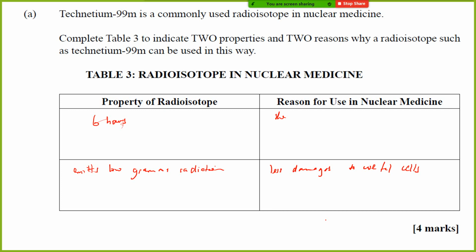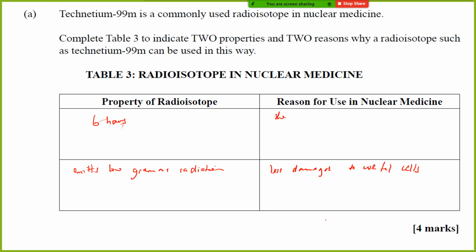What I was thinking could also be a reason is that you'd want the technetium to disintegrate quickly in the body, because you wouldn't want it to take too long to destroy the tumors, otherwise the tumors would grow too fast.